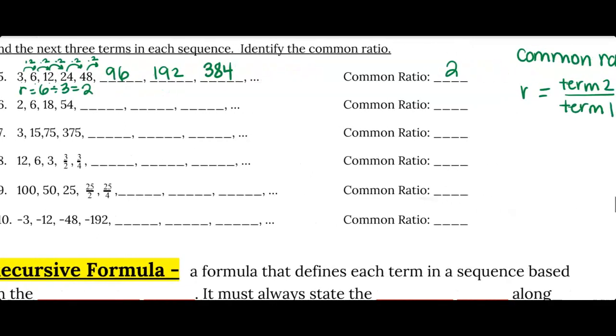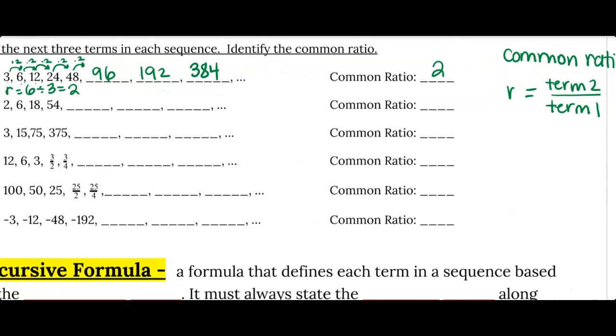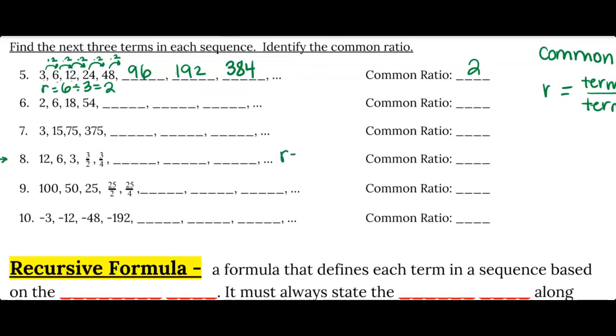If you do our little formula, term 2, 6 divided by 12, you'll end up getting 0.5 or 1/2. And so instead of giving a common ratio of divide by 2, what you want is to give a common ratio that is a fraction or decimal if it's going down. Because 12 times 1/2 is the same as 12 divided by 2.